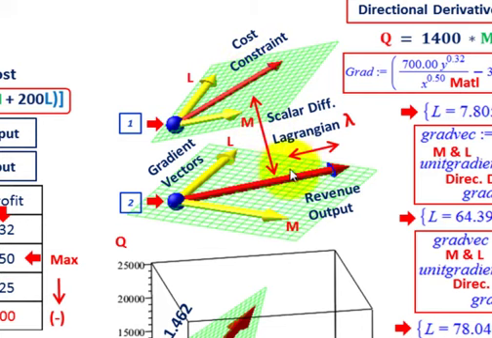Our cost constraint would have the larger vector, and then the revenue would have the shorter vector. They just switch around depending on that Lagrangian multiplier. But that is the scalar difference that we're talking about, and it's in terms of those gradient vectors. Remember, those are the partial derivatives of that production function.